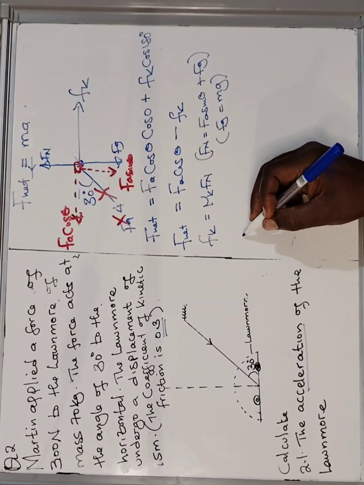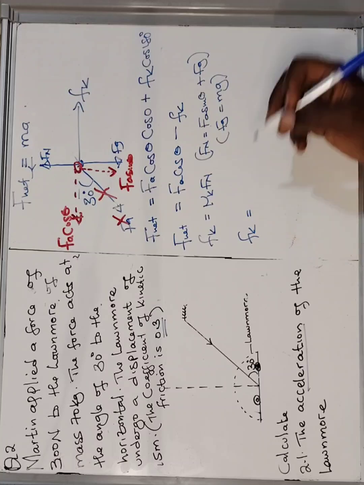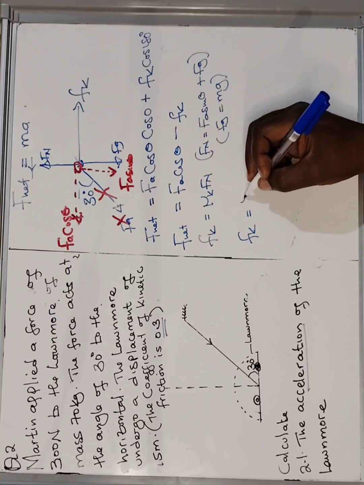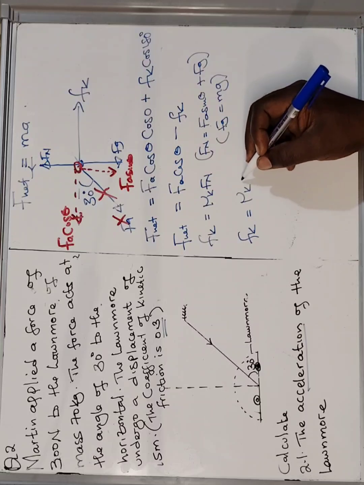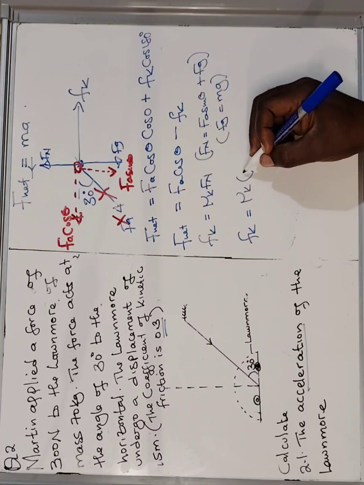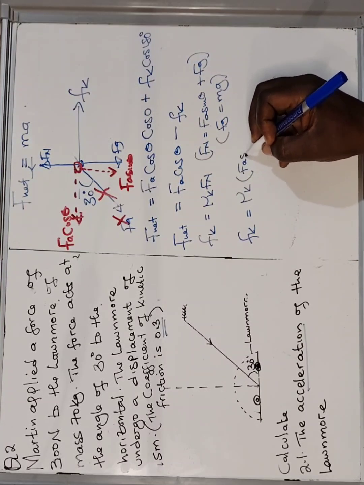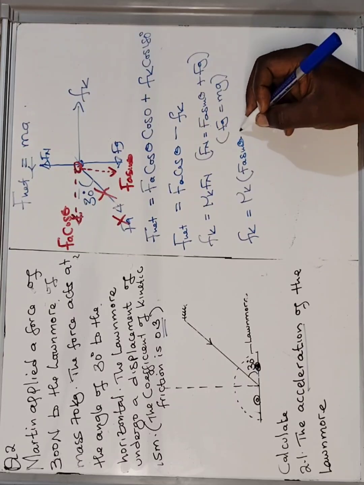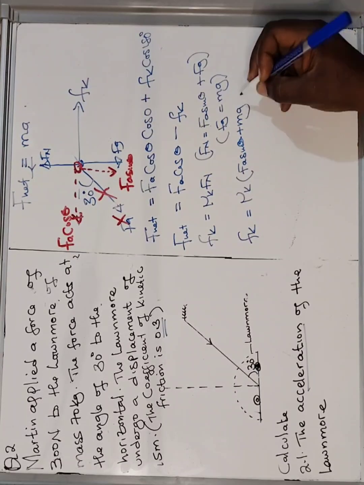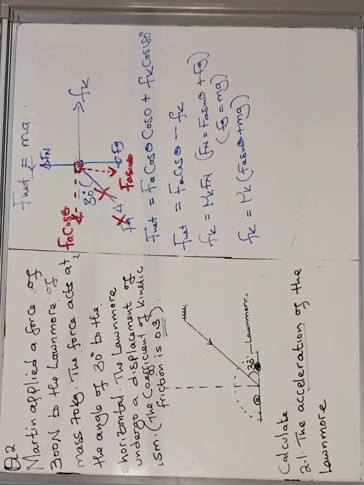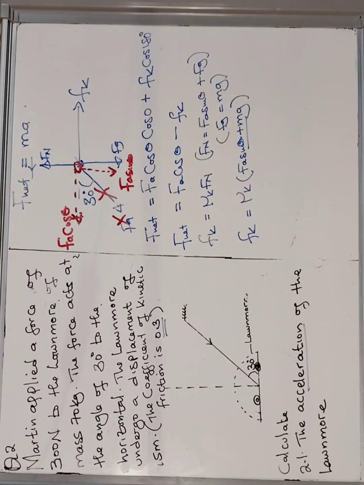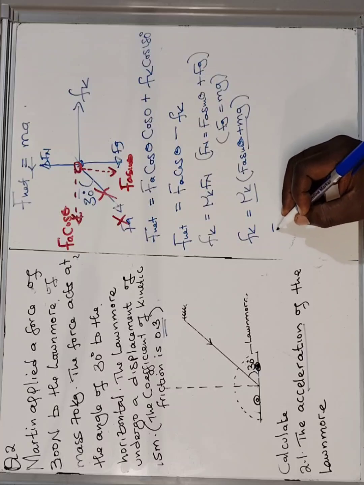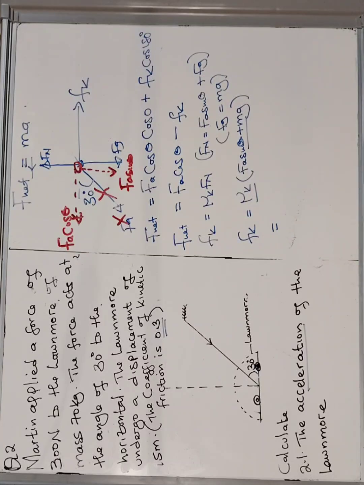So what are you going to get for our Fk? Our Fk is going to be equal to mu k times Fa sine theta plus mg. Everything here is known. You can find that one and find this one and get the answer. Let's substitute in and see what we get.